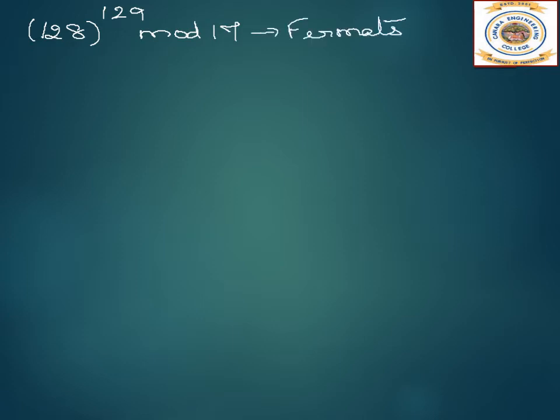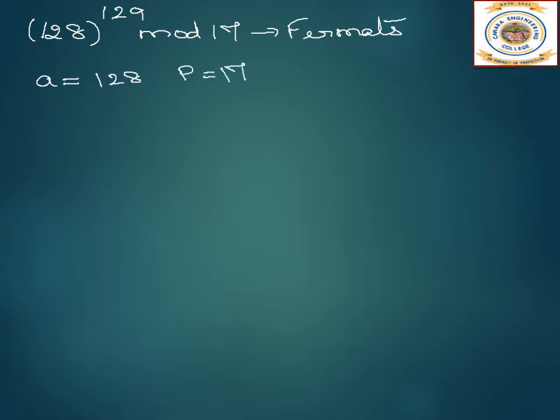Let me consider another numerical. So it is 128 to the power 129 mod 17. So this also I have to solve using Fermat's theorem. So here we know that A is equal to 128 and P is equal to 17.